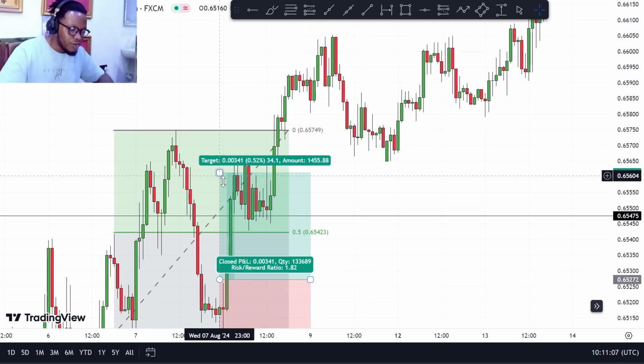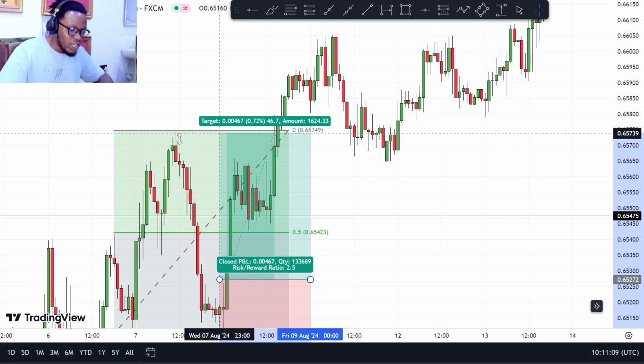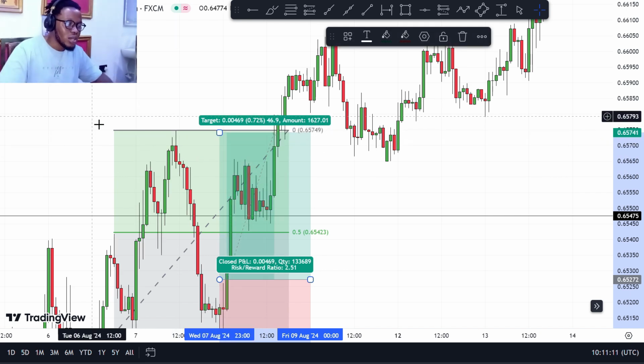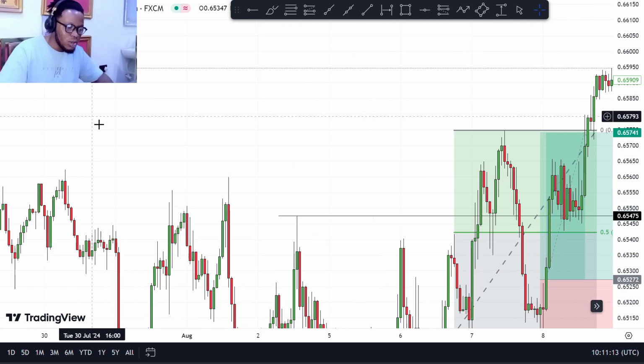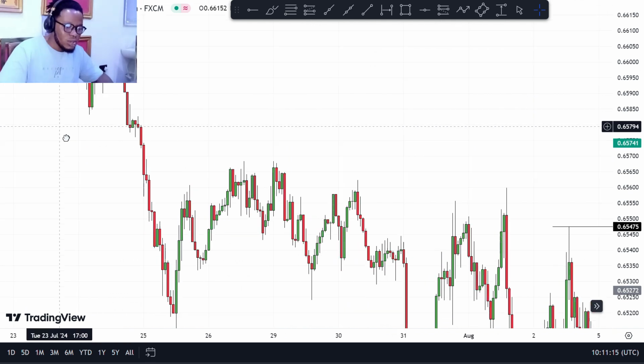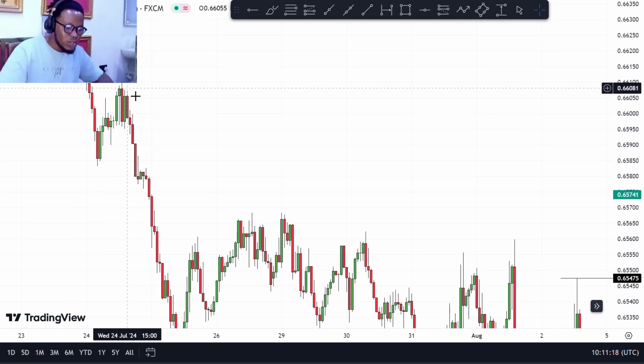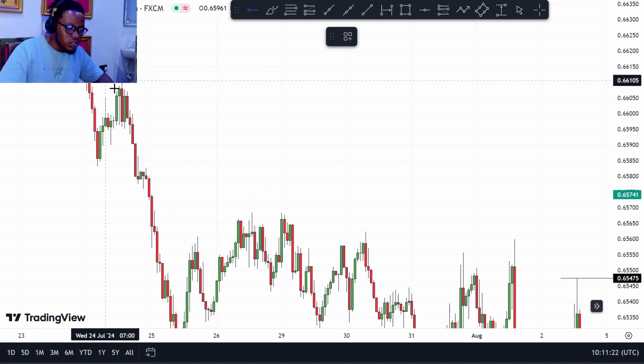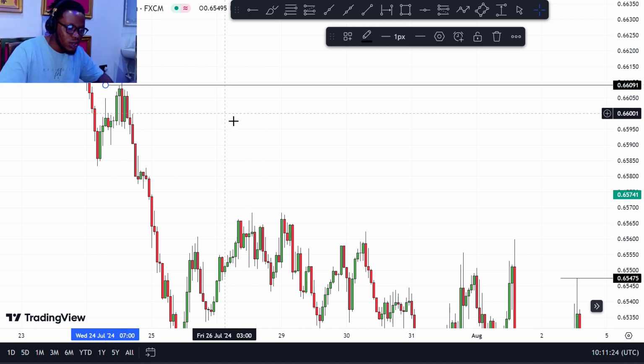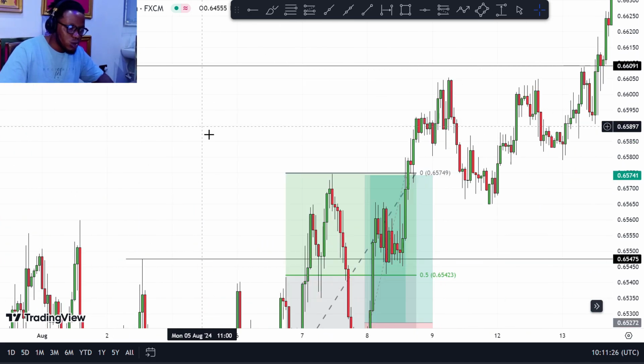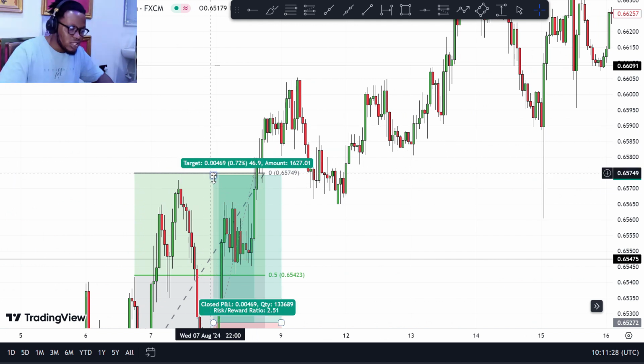Then your take profit, you can target this high, or you can zoom out. There is a supply zone here at this point. You can take profit there also. It's advisable.